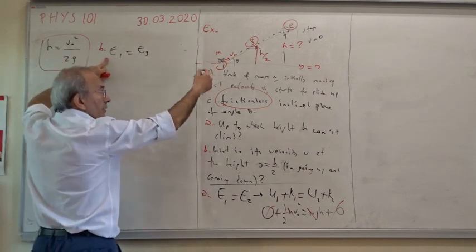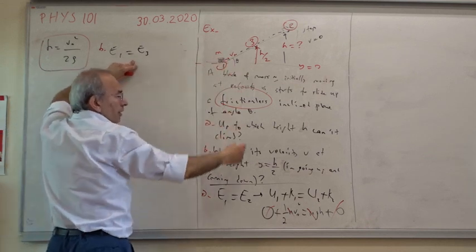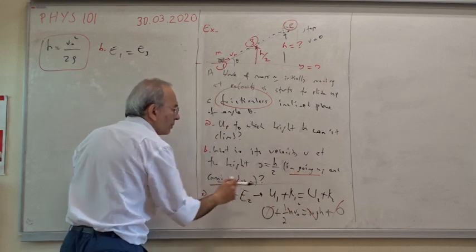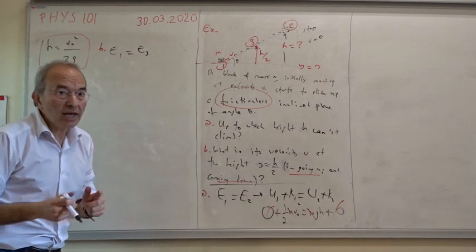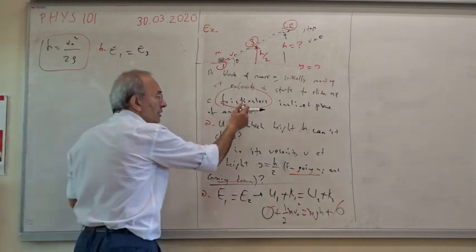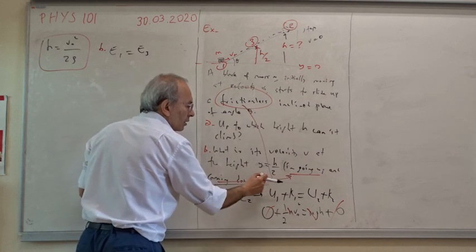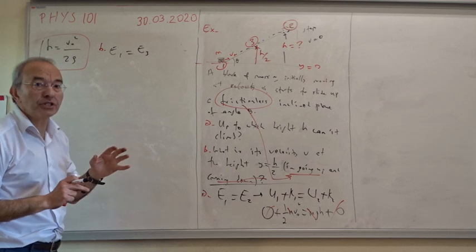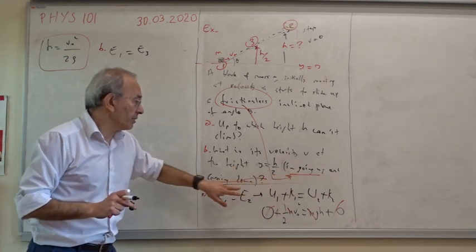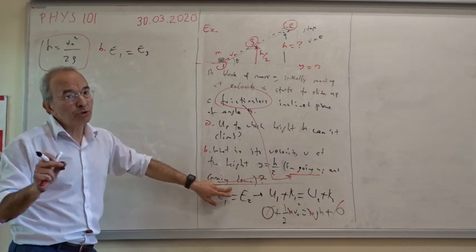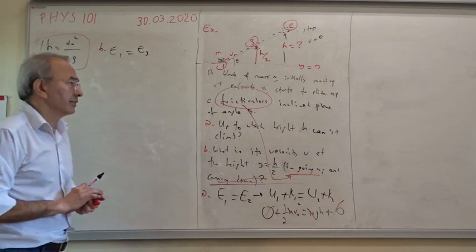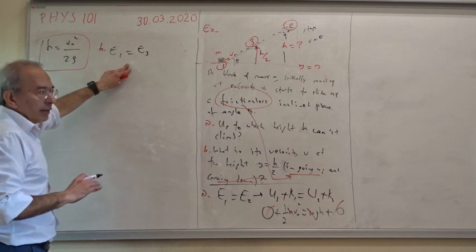E1 at the beginning is also equal to E3, and it doesn't depend on going up or coming down. In going up and coming down, there's no difference. Why is there no difference? Because it's a frictionless plane. If there were some friction, of course, going up and coming down parts would correspond to different velocities, as we will solve next. So E1 and E3 are equal.